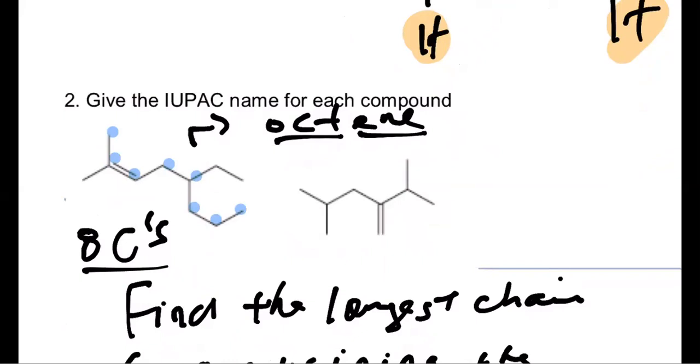Right? Are these 2 carbons over here a part of that longest chain? No. What about this methyl group right here? Nope. So those 2 groups are substituents. So this is a substituent, and then this is a substituent. Following? A substituent is anything that's attached to the longest chain but not a part of it.